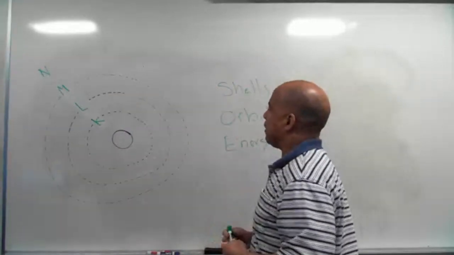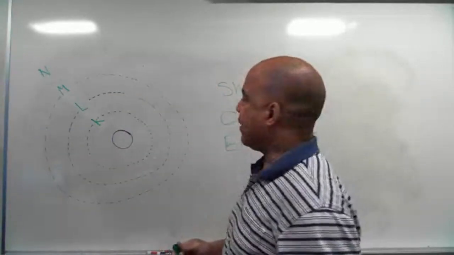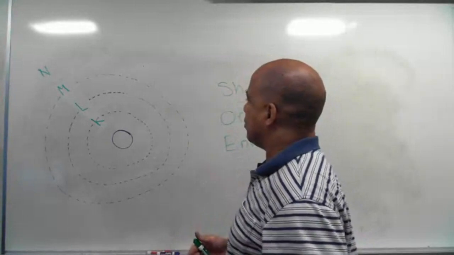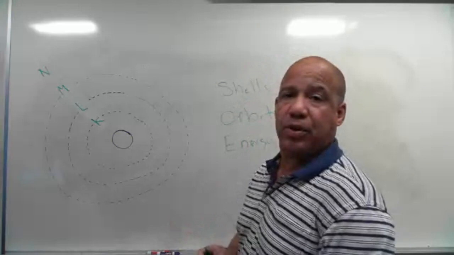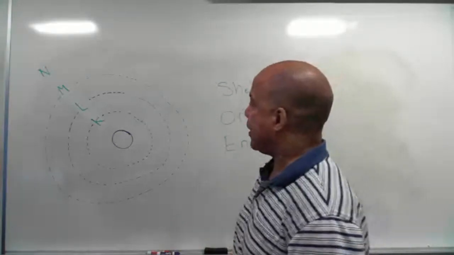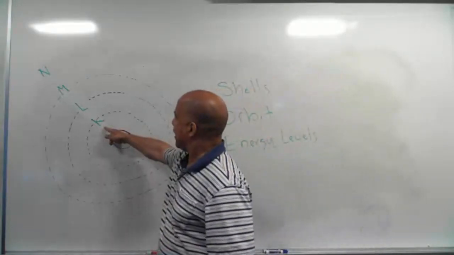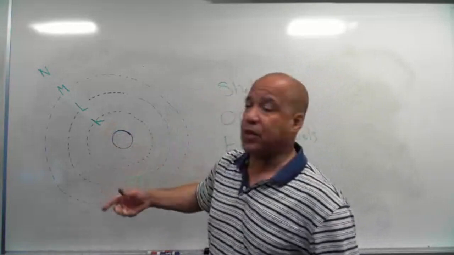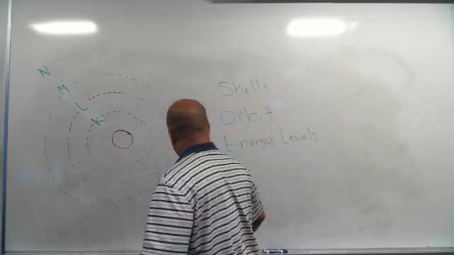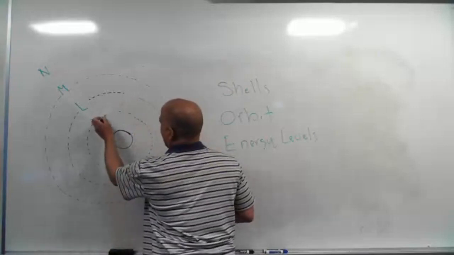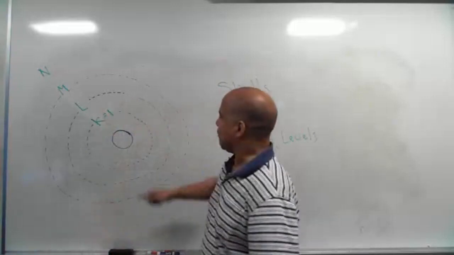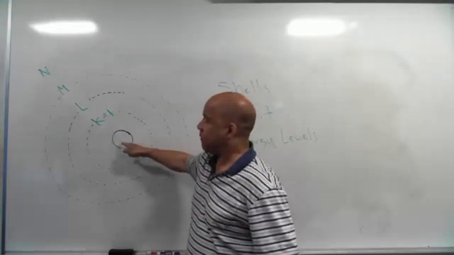So I can label each orbit or each path, and in addition to a letter, there's also a number associated with each orbit or shell. So K has what we call a shell number. The shell number, K has shell number 1. So K is equal to 1. And all that means is it's the first orbit away from the nucleus.